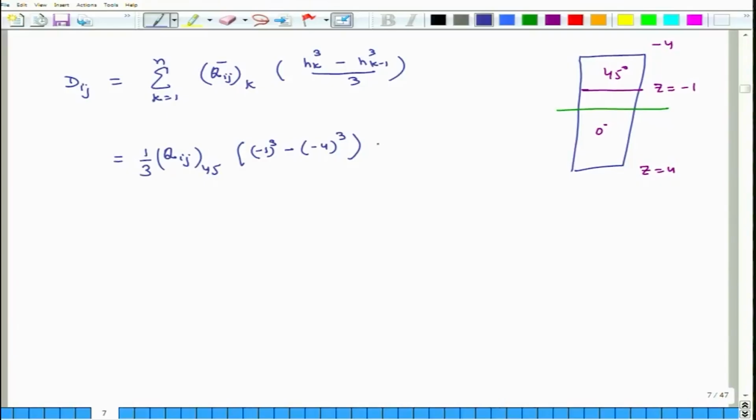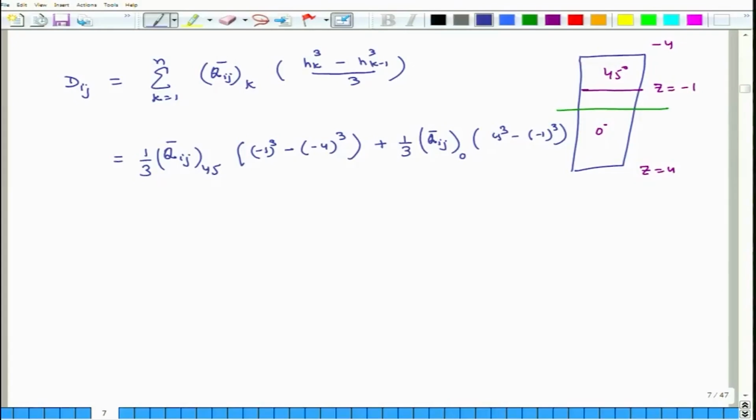So, 1 by 3, plus 1 by 3 Qij bar for the 0 degree layer times, Hk for the 0 degree layer is 4 millimeters, so 4 cube minus minus 1 cube.